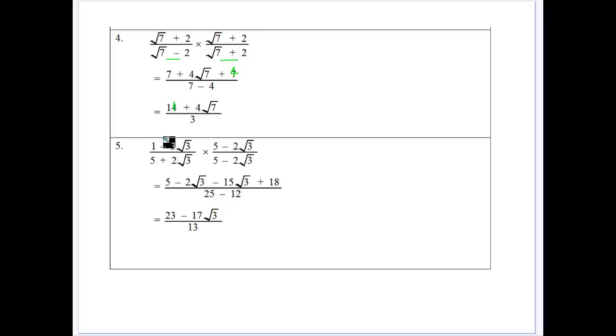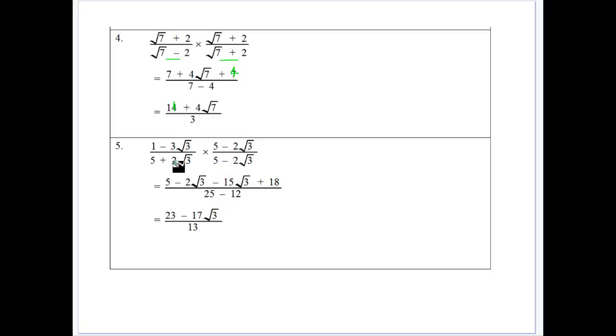And then this one here, where we've got 5 plus 2 root 3, we've got to multiply by the conjugate, 5 minus 2 root 3. Again, not too easy, but not overly hard, because once we realise we get the 5 times 5 is 25, 2 2s are 4 times the root 3. Now, a major error is saying root 3 times root 3 is 9.